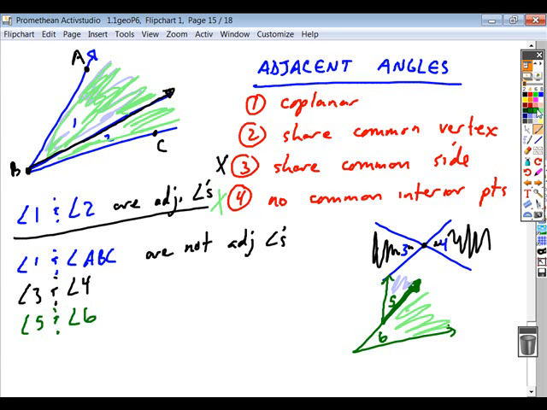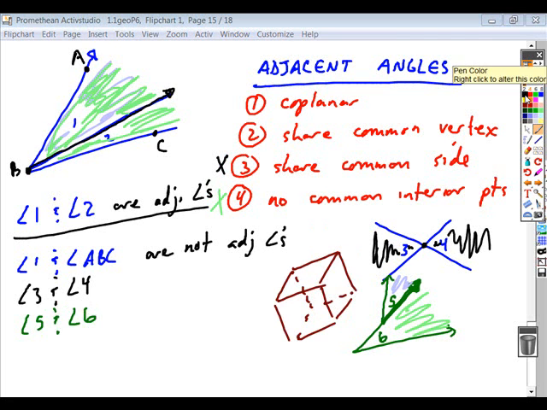The final case is an example of two angles that meet all the criteria except for the very first one. If I use a box to illustrate the three-dimensional aspect of these, and I use this angle 7 and this angle 8, they have a common vertex right here.